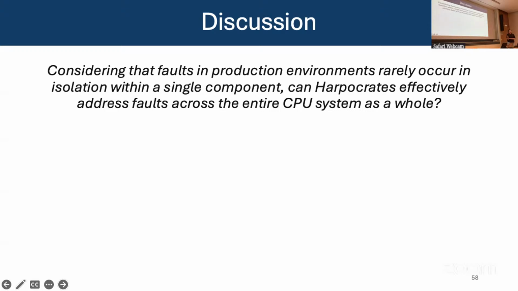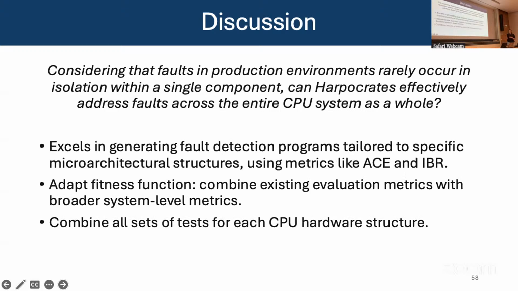I think the simplest solution would be to just combine all test sets that were targeting each specific hardware structure, but of course that's not the best idea. And if we want to target the broader system level, we would need to adapt the fitness function to decide which programs go to the next step.